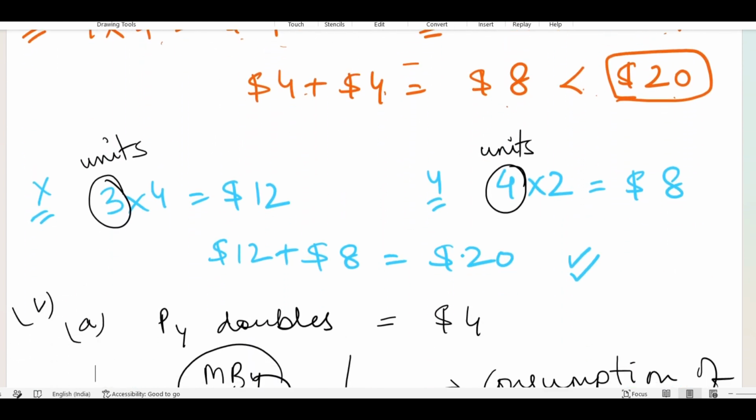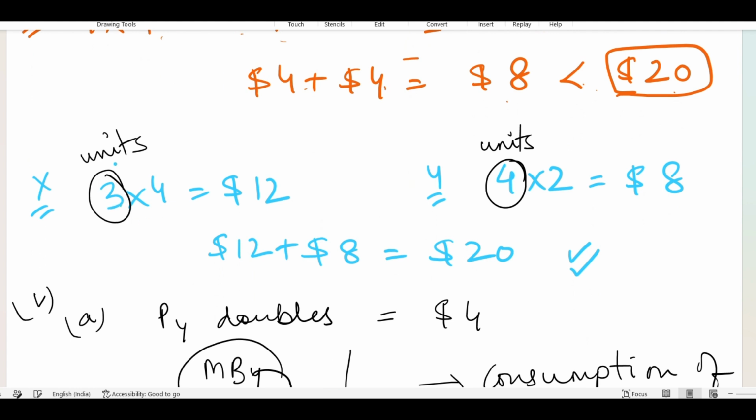Does that satisfy? 3 units of X multiplied by 4 gives me 12. 4 units of Y multiplied by 2 gives me 8. Yes, 12 plus 8 gives me $20. So this is the optimal combination for Anita: 3 units of X and 4 units of Y, since it satisfies the income constraint as well.